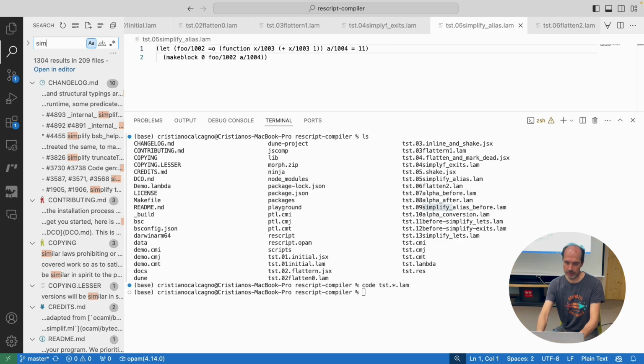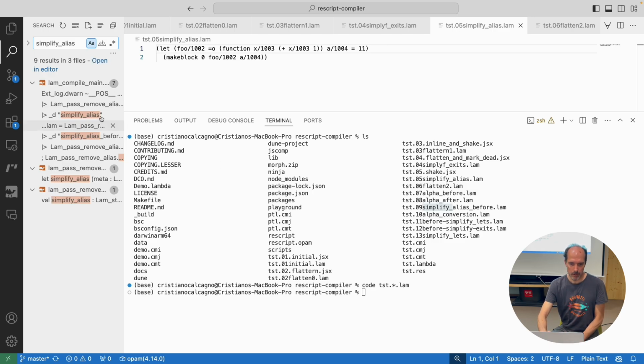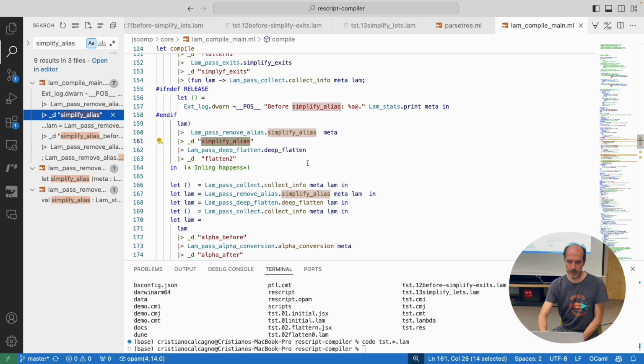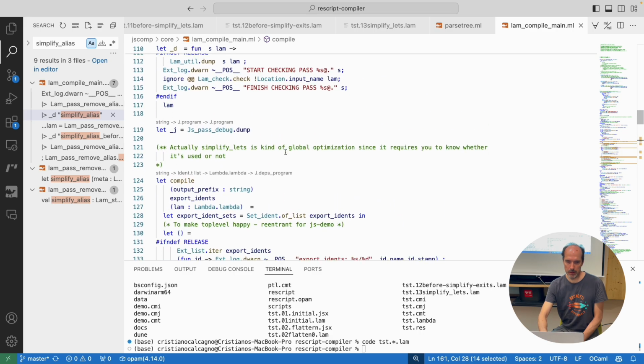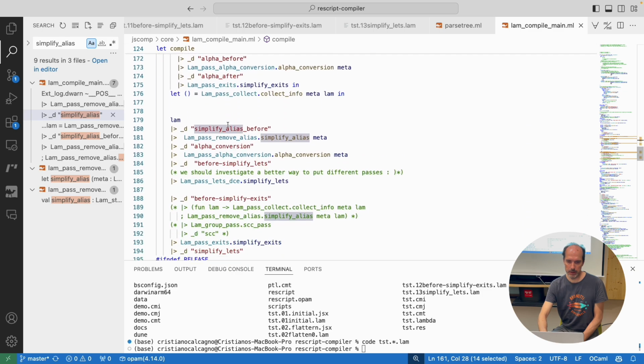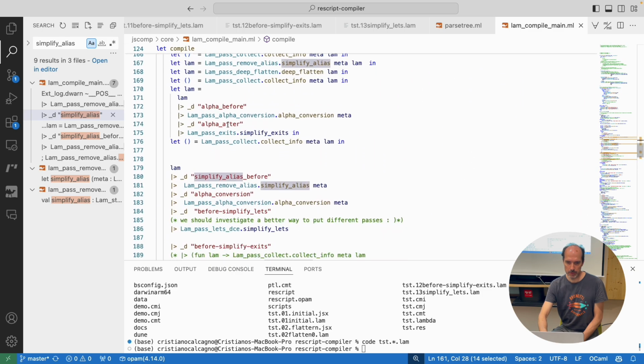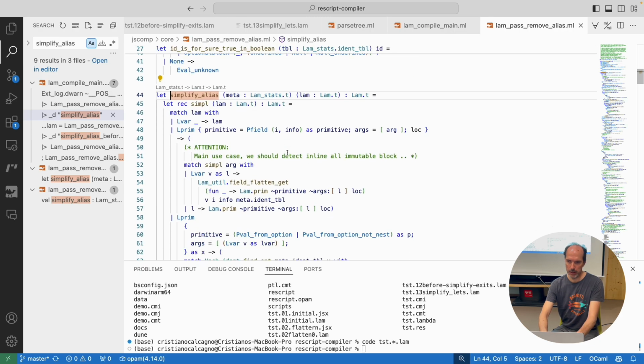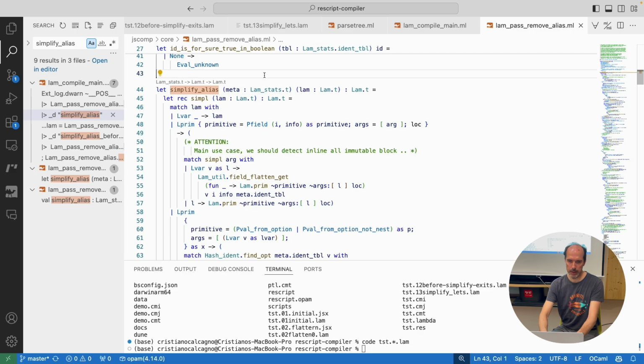Let me check if it's actually true. Okay, so this is the bit in the compiler that performs all these steps. Basically it calls the simplification step, which is this, and then it prints. And then there is the main compile, and it calls a few transformations. The one we were looking at is this, and it was doing some inlining.